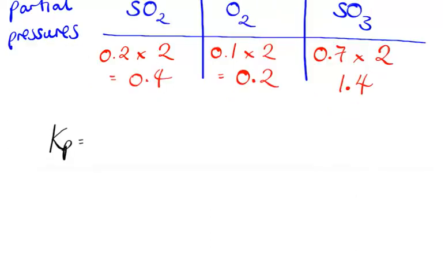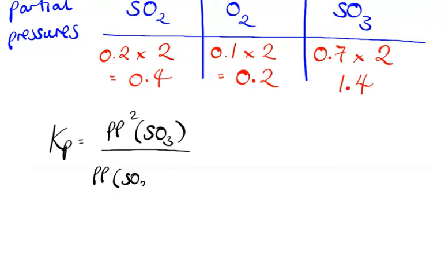So nearly there, our Kp expression now. So we've got partial pressure of SO3 squared over the partial pressure of SO2 squared times the partial pressure of oxygen. We'll just pop those numbers in now.